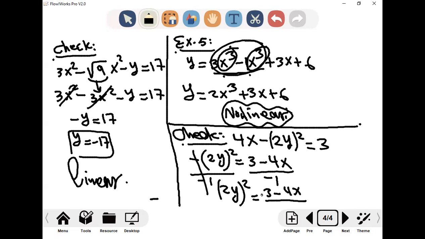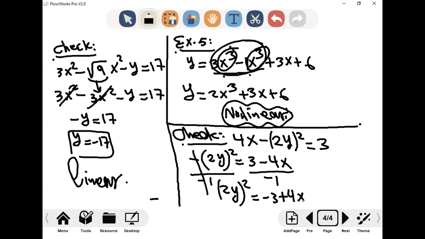Now, if you divide the negative, you change the signs only. Yeah, 3 divided by negative 1, negative 3, and this negative divided by negative positive. So this will be negative 3 plus 4x. خلاص؟ Okay. 2y all power 2 equal negative 3 plus 4x.